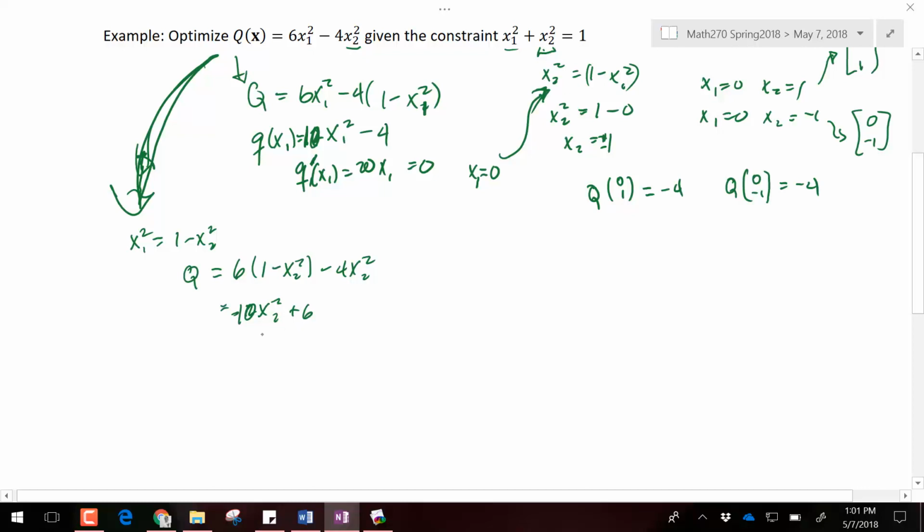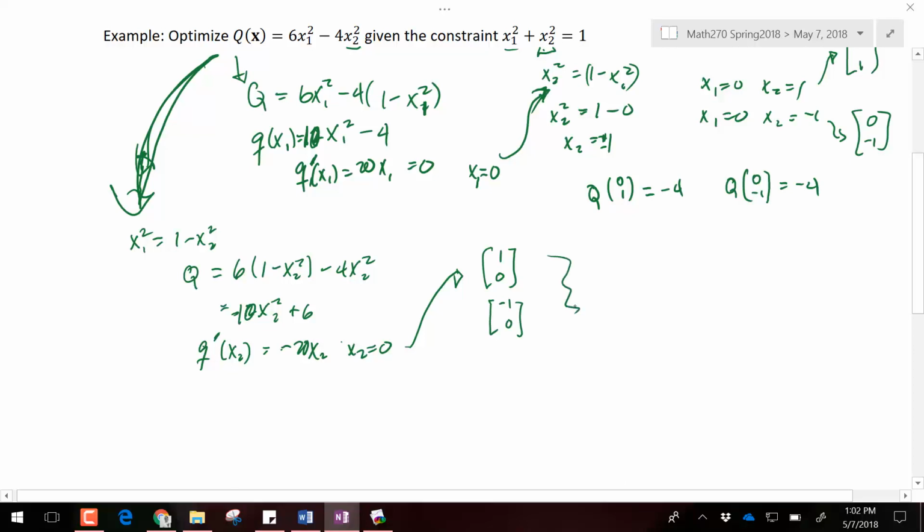So we do the derivative thing again. We're going to get, I don't know, some constant, -20 x2. And then x2 is going to be equal to 0, and we're going to get the same kind of story here. So x2 is equal to 0. Then x1 is probably going to have to be equal to positive or -1.